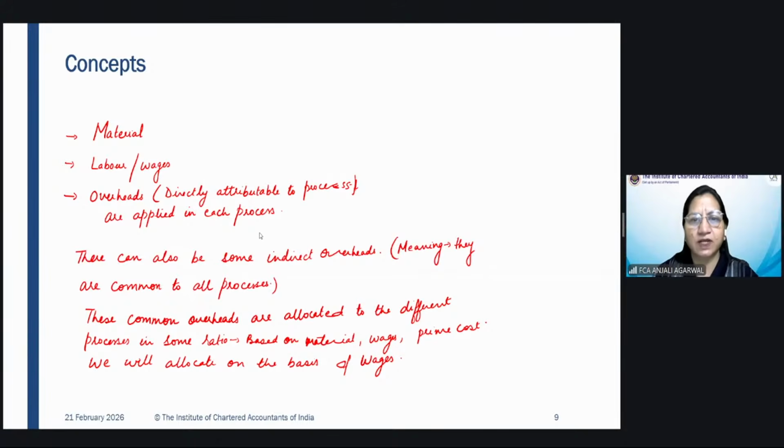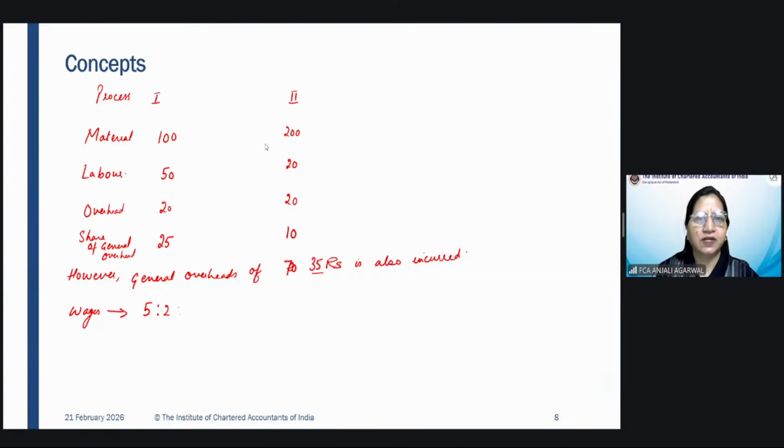Until then, there is no question of administrative or selling and distribution overheads. Maybe if these overheads are still given and to be dealt with in the question, you will apply them in the last process. So generally how it is given, like let's say process 1 and 2, 100, 200 is the raw material cost, labor cost is given, overheads which are directly attributable are given, and indirect or general overheads are given.